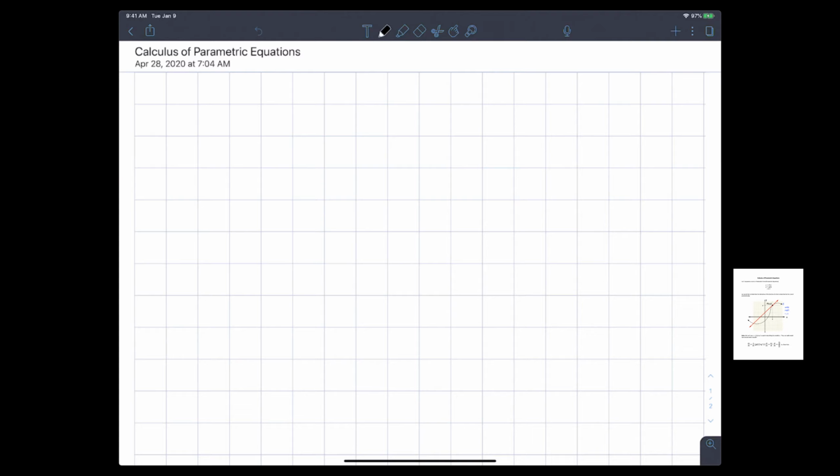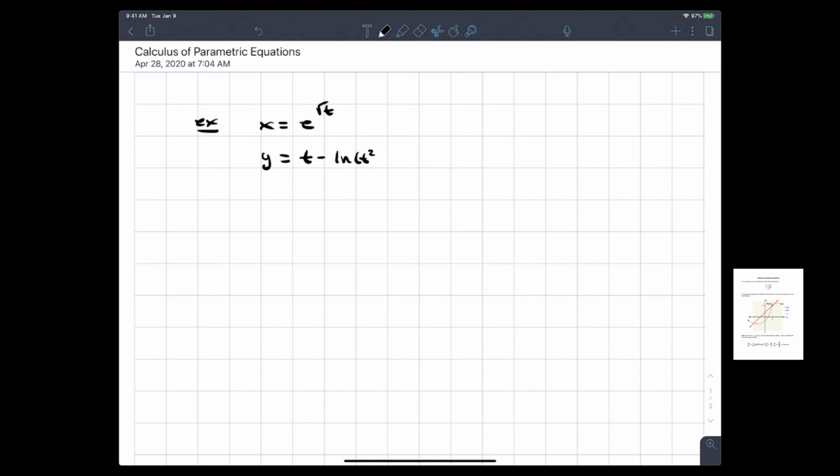Let's look at this curve. We could define it this way: x equals e to the square root of t, y equals... and I have to double check what this is. This is t minus... Got to double check. I'm going to take some of these things from your book.